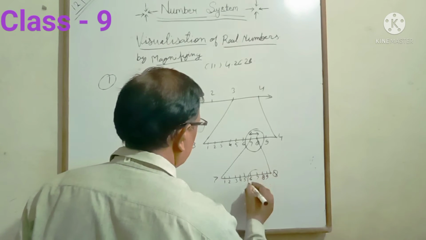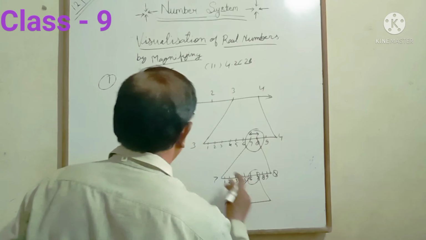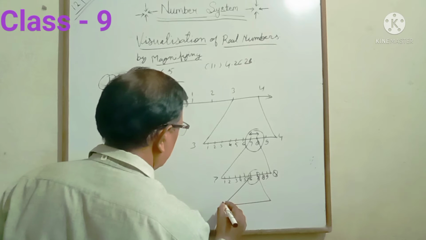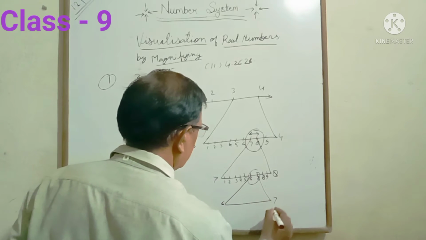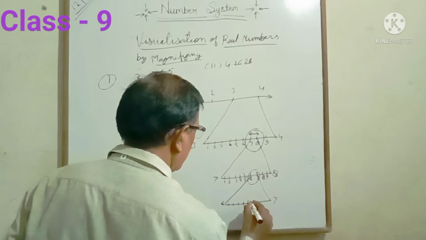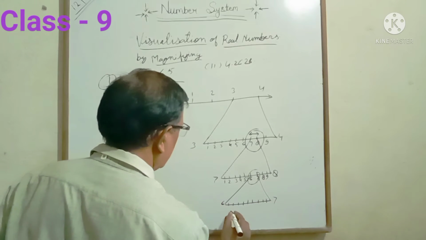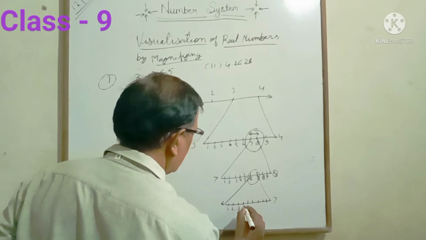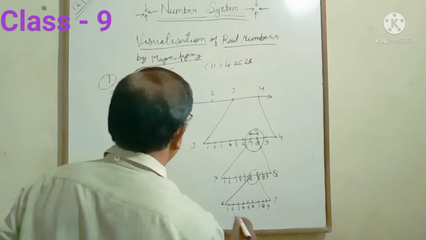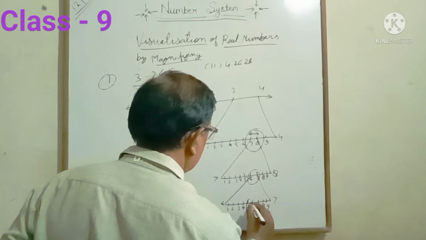We magnify this point, and again divide it into 10 parts, because it is more than 6 and less than 7. Now the last digit is 5, so we mark the 5.